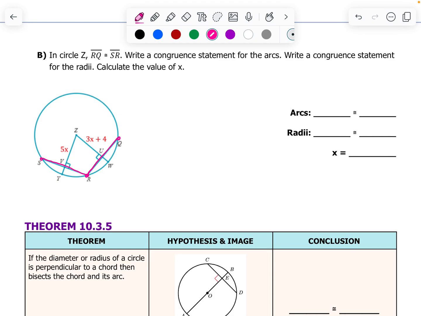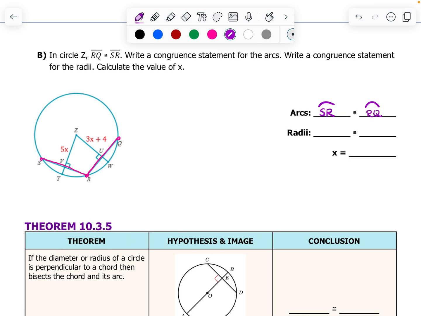So, from yesterday's theorems, we know that this arc and this arc are going to be the same measure because those arcs are intercepted with congruent chords. So we're going to say that arc SR is congruent to arc RQ.